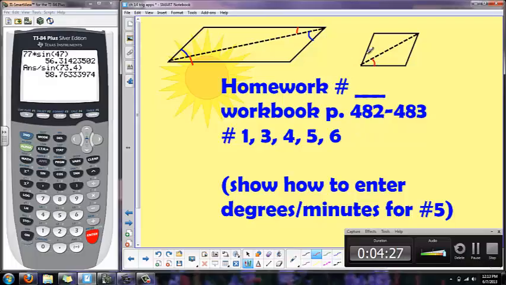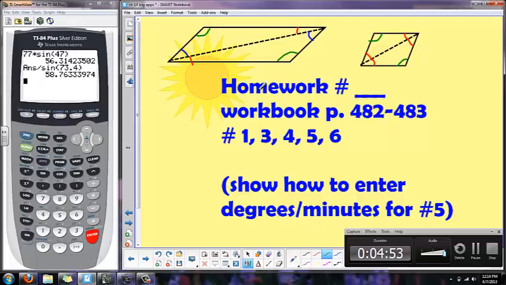So this angle is equal to that angle, and that angle is equal to that angle, and then you can always figure out what that last angle is because it's supplementary, meaning that this angle and that whole angle add up to 180 degrees. And that is equal to that, and that's equal to that. Okay? So if you remember that, then hopefully these kinds of questions won't be too hard for you at all.